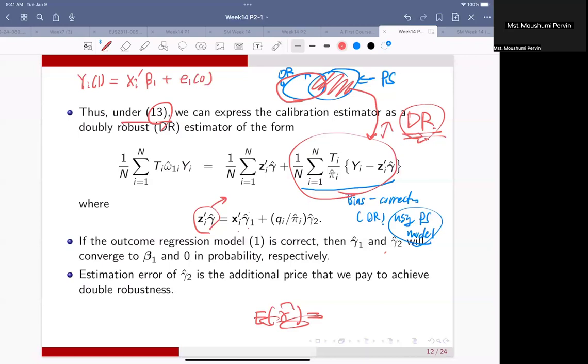So if this is a true model, that means you can write your model as 2i divided by pi I hat times 0.